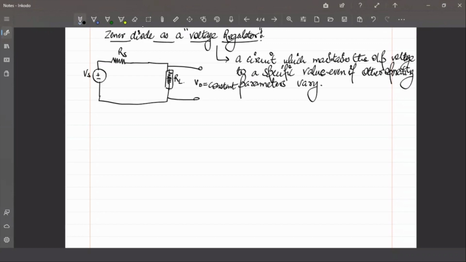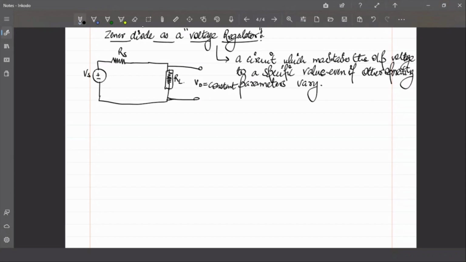What do we do generally? To use a Zener diode as a voltage regulator, whatever device across which we want a constant voltage, we connect a Zener across it, but we have to make sure the Zener is always in the reverse bias condition.